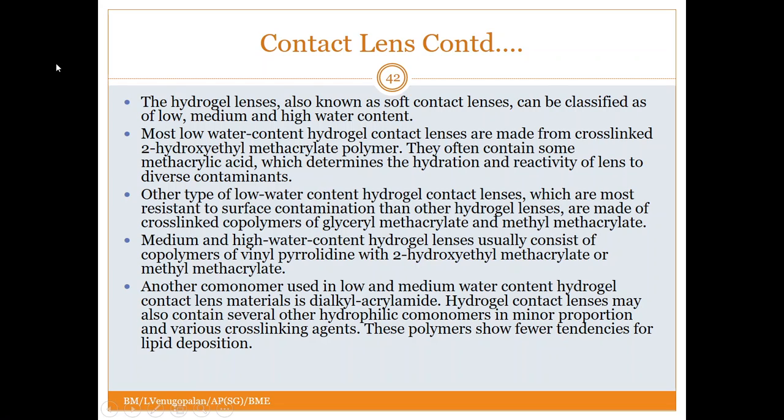So these polymers show a lesser tendency of lipid deposition because basically you don't want lipid on the surface of the contact lens because that would affect your vision. If you are wearing contact lenses, you want your vision to be very, very clear, and a layer of lipid around your contact lenses is going to blur your vision, and that's not a desirable property of a contact lens.